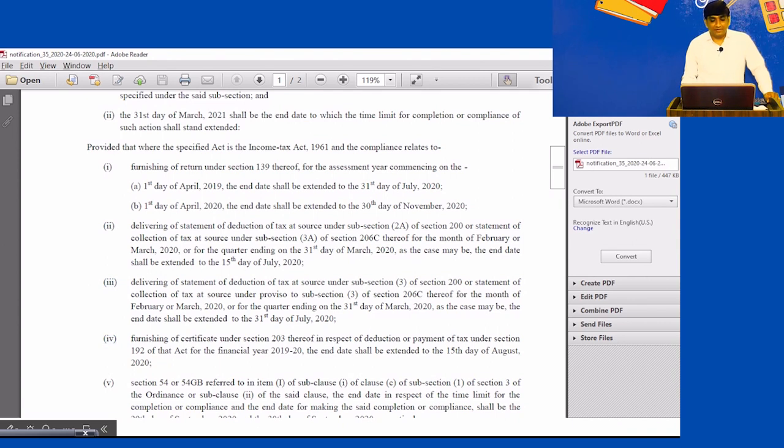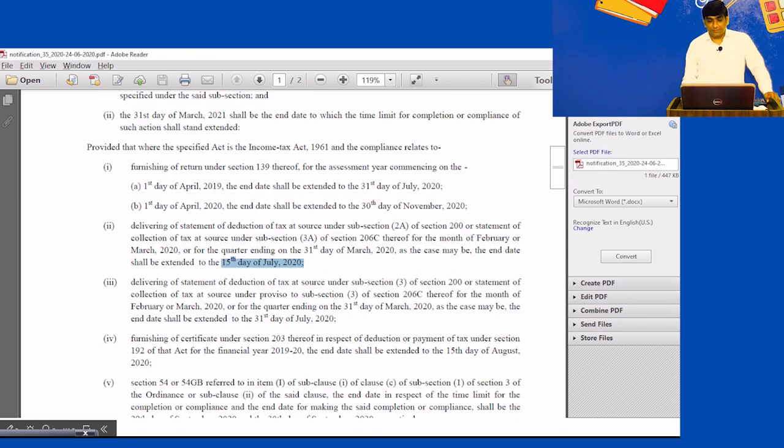But for TDS it is point number 2, point number 3 and point number 4. You can see point number 2, delivering of statement of tax deduction at source under subsection 2A of section 200, or statement of collection of tax at source under subsection 3A of section 206C.